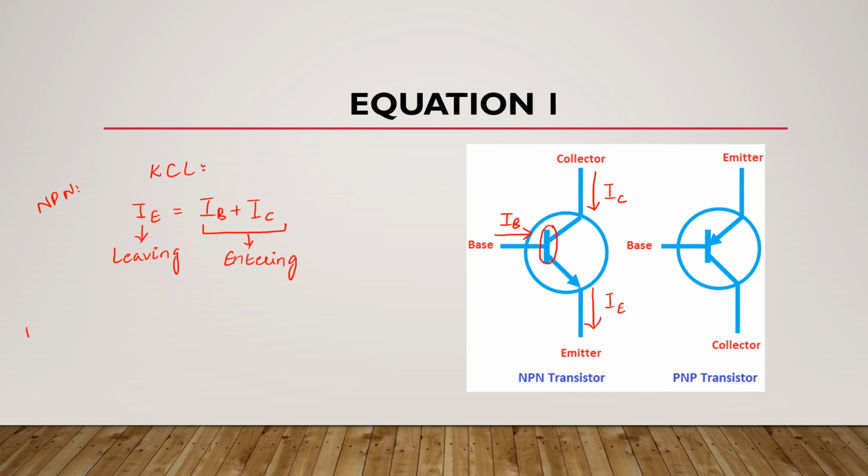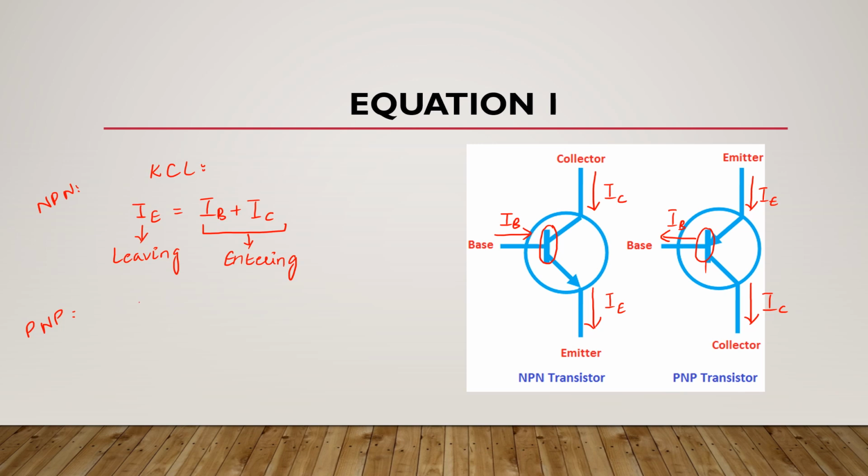Okay, now we'll talk about the PNP transistor. Again, if we look at this point, this is the direction of current IE. Current IB is flowing in this direction, and this is the direction of current IC or collector current. Now again, here current IE is entering and currents IB and IC are leaving.